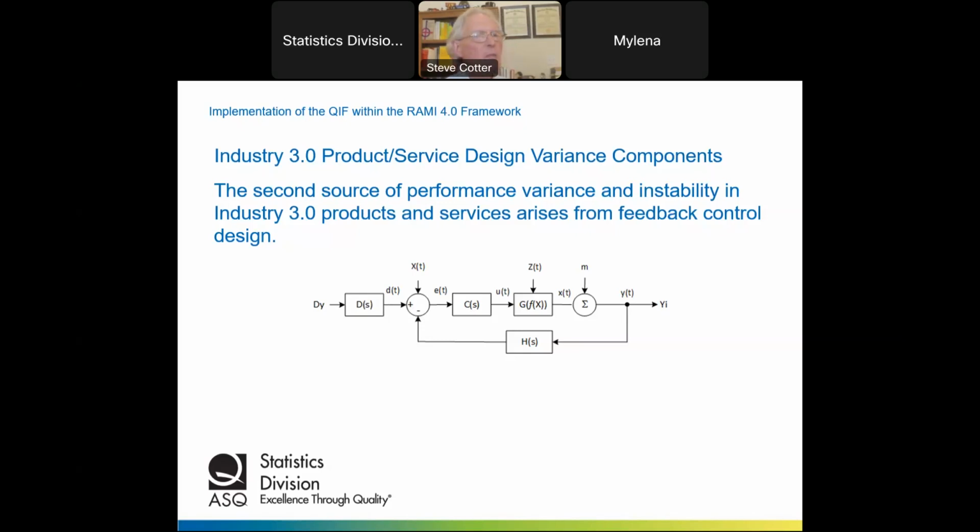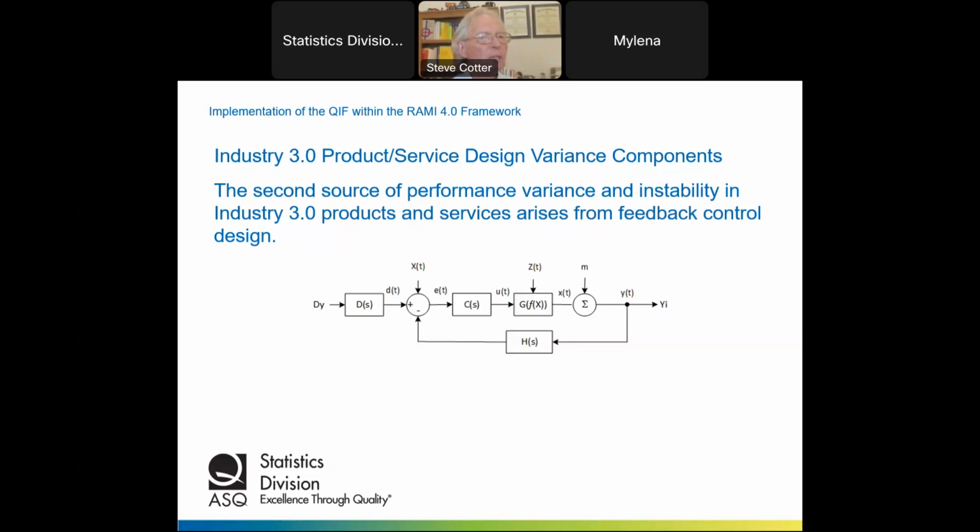In this case, dy on the left-hand side of the screen is the reference set point. ds is the feed-forward controller with time-dependent dt output. xt are the system inputs. These are the f of x, the things that we want, the inputs that we're going to transform into some output functionality.